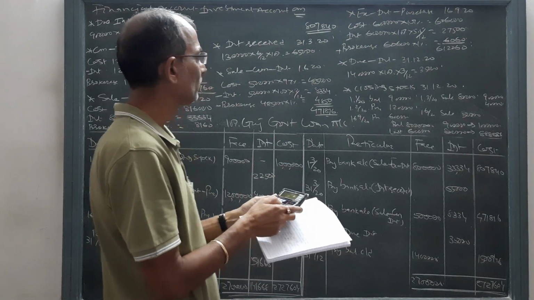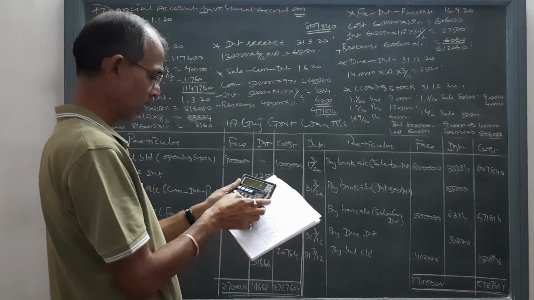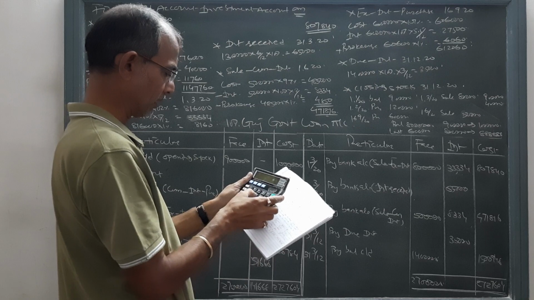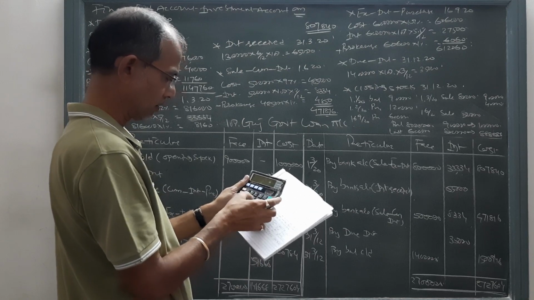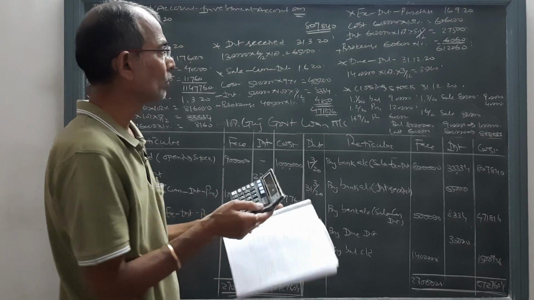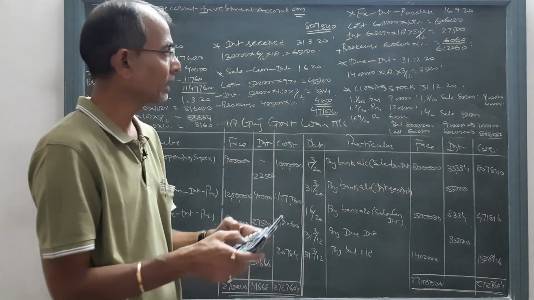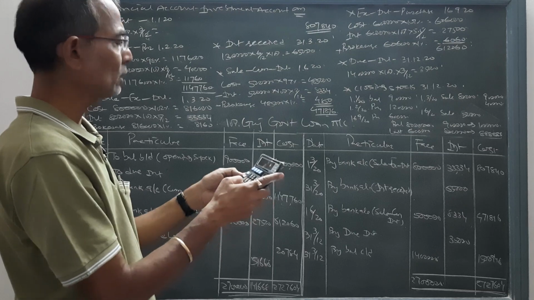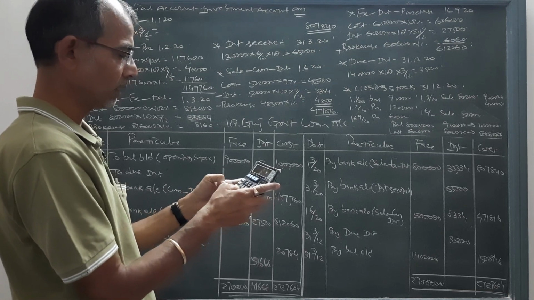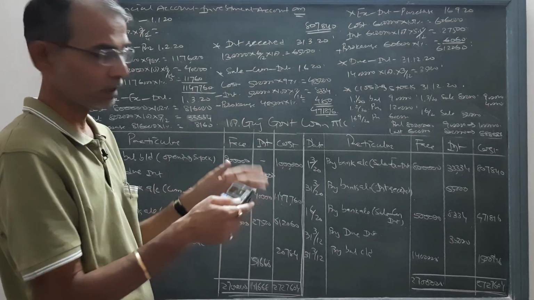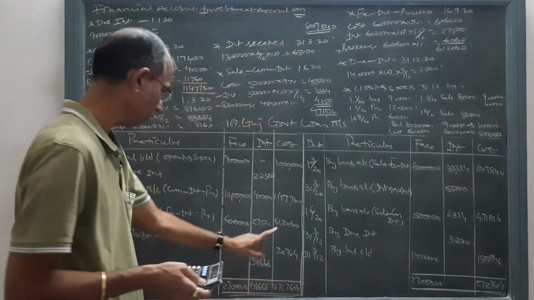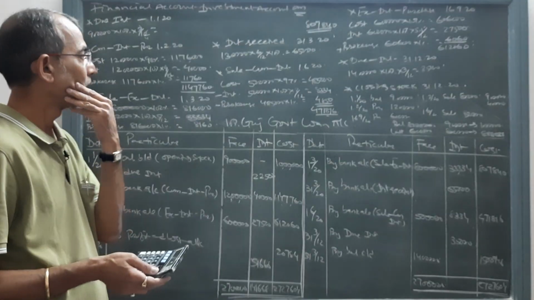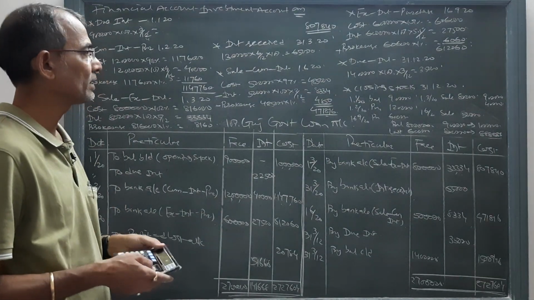So the amount will be 6 lakh 6,000 plus brokerage 60 added because there is a purchase, 6 lakh 12,060, and interest, because it is ex interest, will be written as it is.